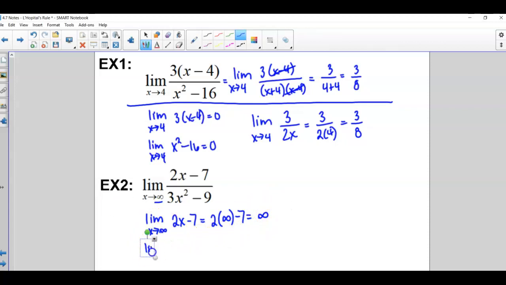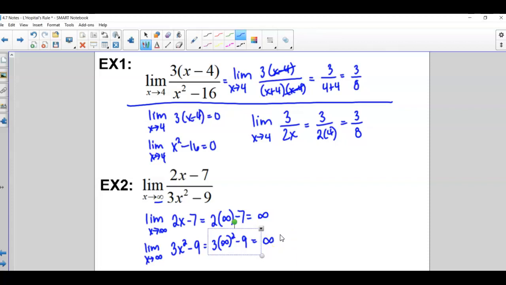And you could do the limit as x approaches infinity of 3x squared minus 9. And so you got the same thing going on here. You got 3 times infinity squared minus 9. Infinity squared is infinity, then multiply it by 3, still infinity. Subtract 9, it's still infinity. So you get infinity over infinity for this problem.